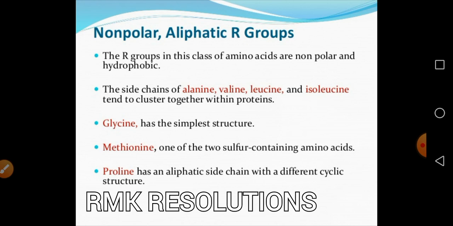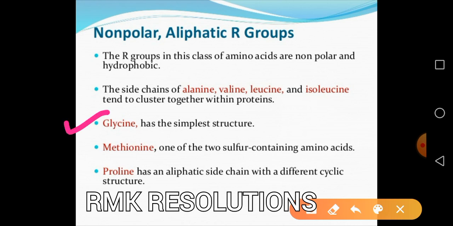So the first group is the non-polar aliphatic R group. Here the side chains of alanine, valine, leucine and isoleucine tend to cluster within a protein. When we look at glycine, it has a very simple structure.